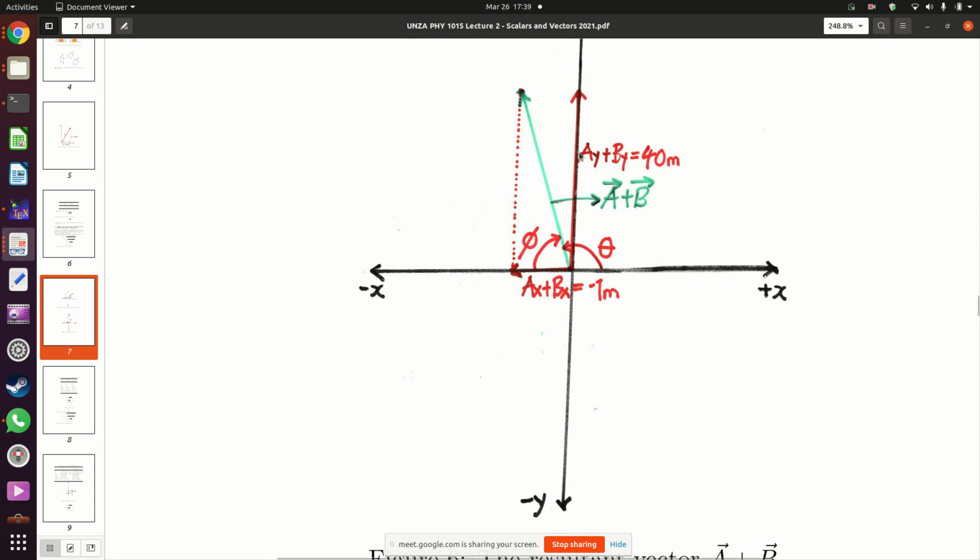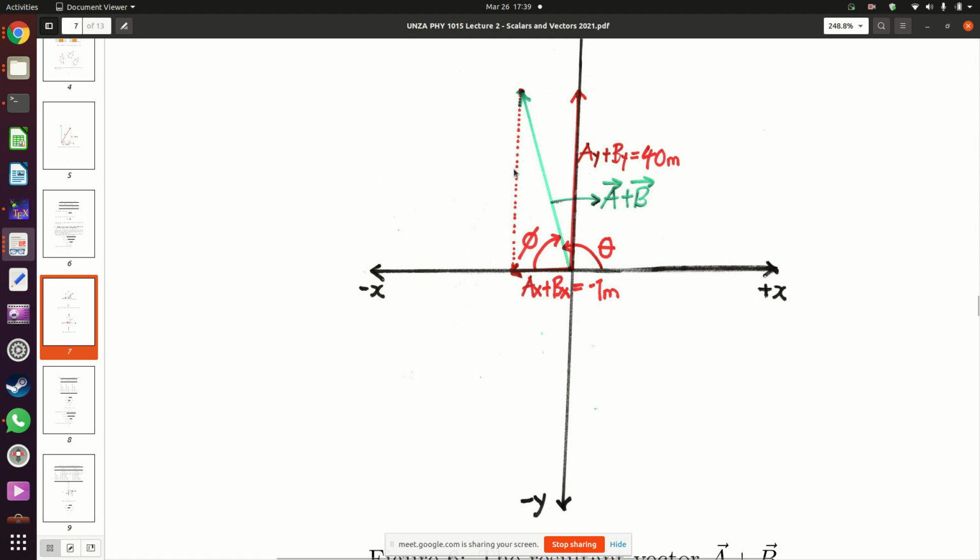So when I get this vector ay plus by, which is equal to 40, I shift it to the end of ax plus bx, so I can move like this. I can move this way, then I can move along that dotted line, which is the ay plus by, up to that end. That is the same as moving from here along this green line up to that point.